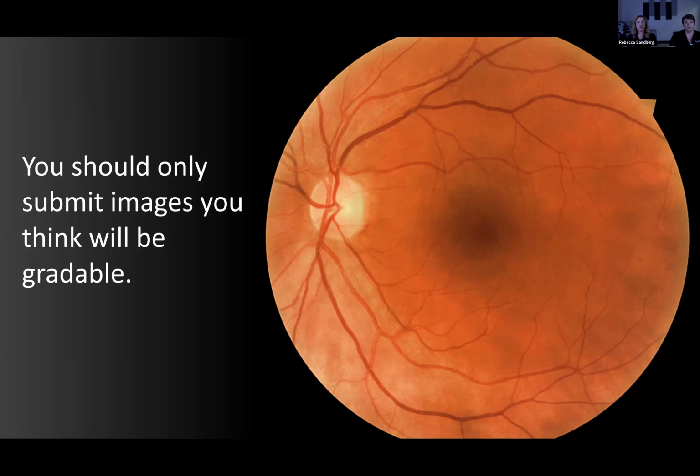We can see all 4 parts of anatomy here. We have our optic nerve on the left-hand side, the macula in the middle, and then our 2 sets of blood vessels, the superior and inferior arcades. These are the 4 parts of anatomy you're looking for in every single exam, whether that comes from one or multiple images.